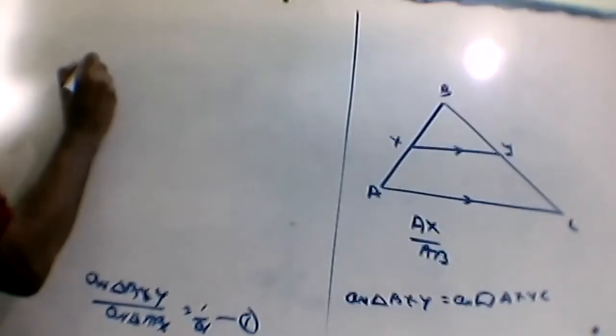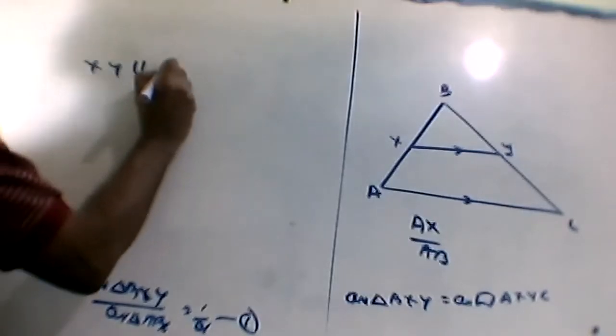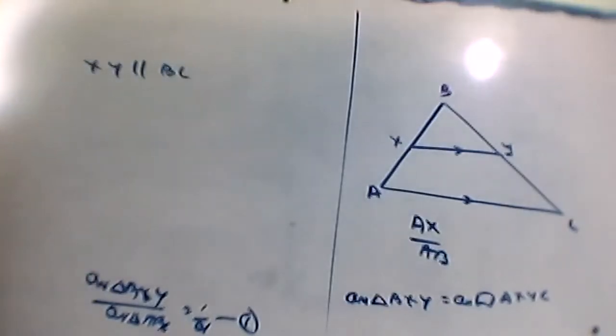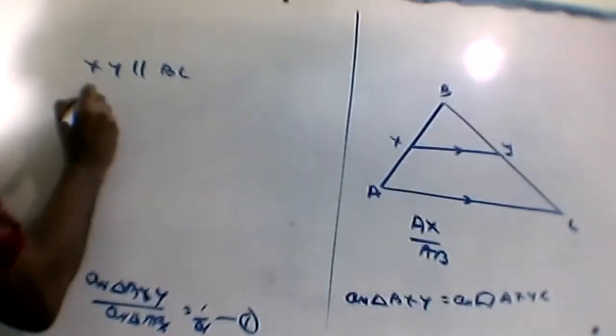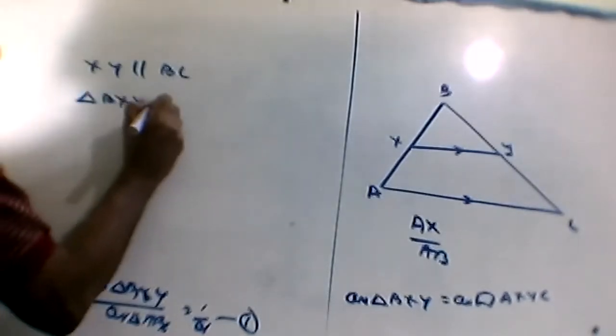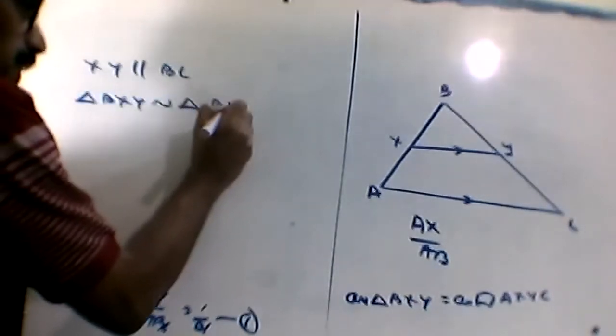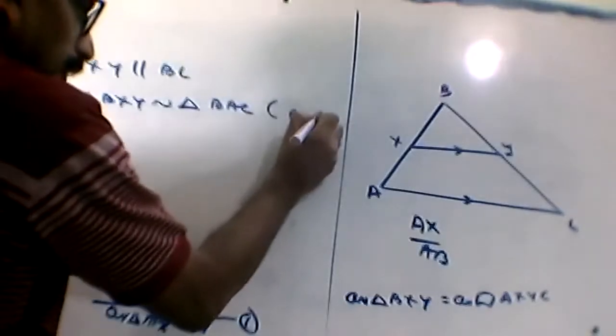XY is parallel to AC, so triangle BXY is similar to triangle BAC, by AA similarity.